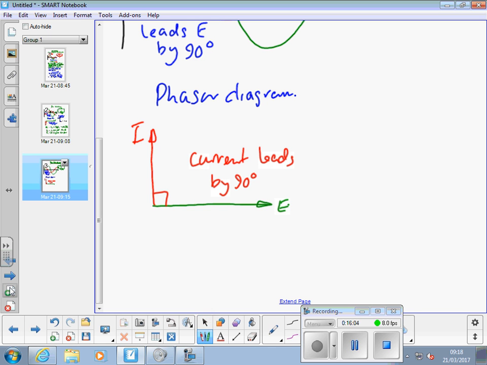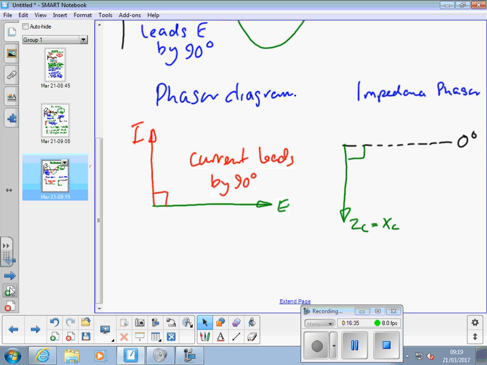So, impedance phasor. If that's representing 0 degrees, we have ZC, which is equal to XC, and that's 90 degrees downwards.